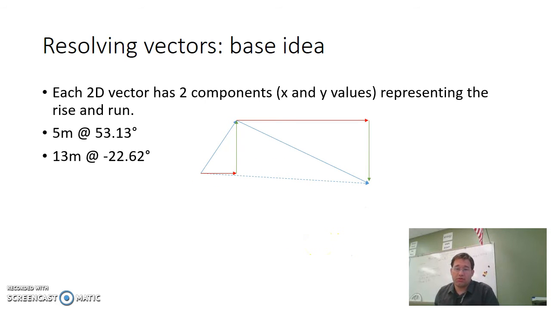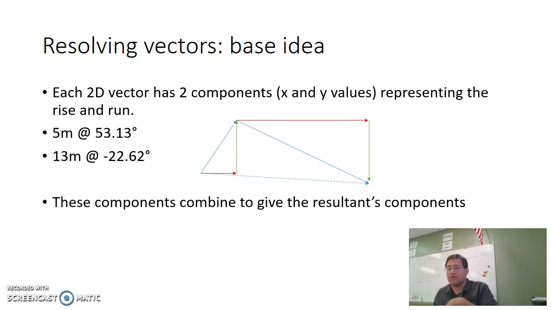So what does that mean? Well, these components actually give the resultant's components when we combine them together. So when we look at the resultant components, this dashed red line here represents the horizontal, the x component of the resultant vector, and the vertical one is represented right here.